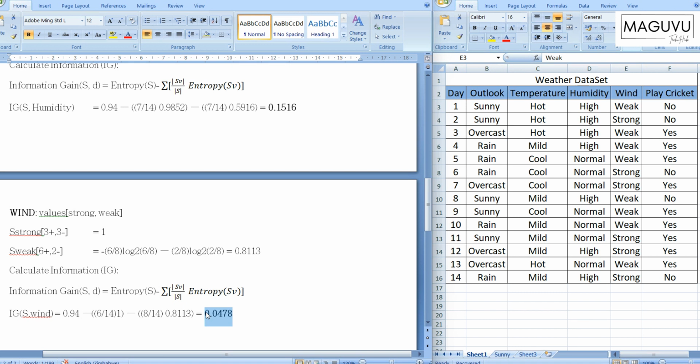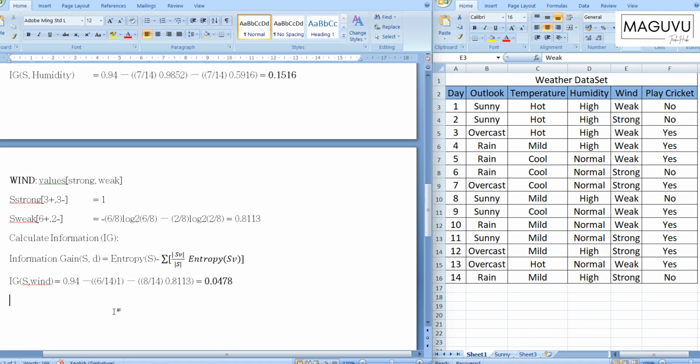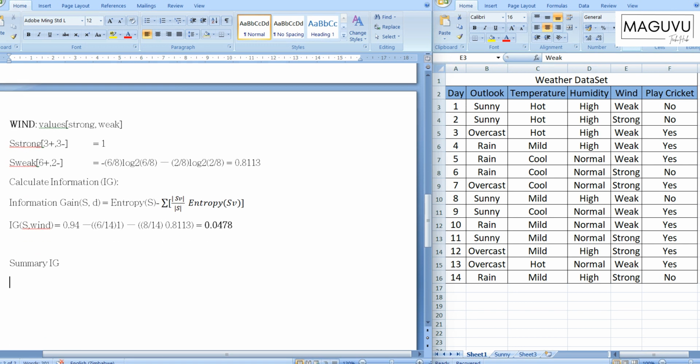And now we want to come up with a summary of the information gain. Summary IG, and there we want to consider outlook. We also want to consider the next value, which is temperature. We also want to consider humidity.